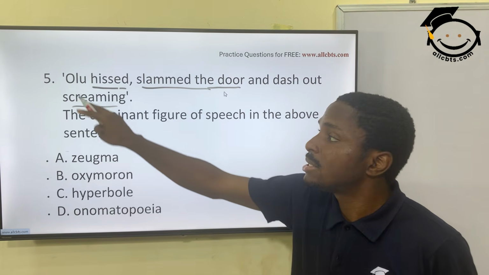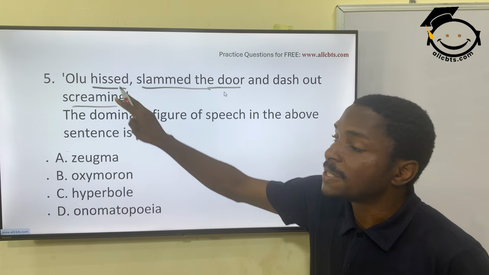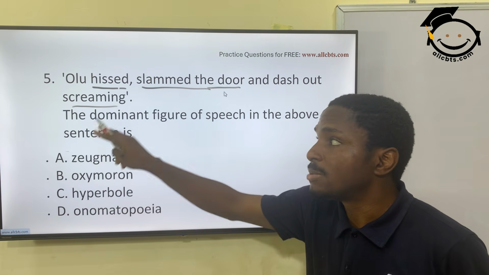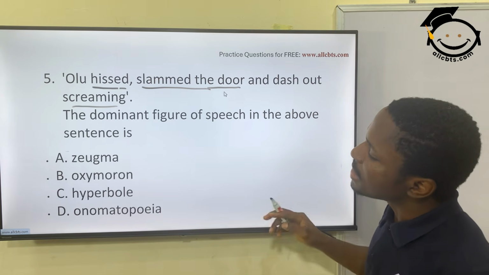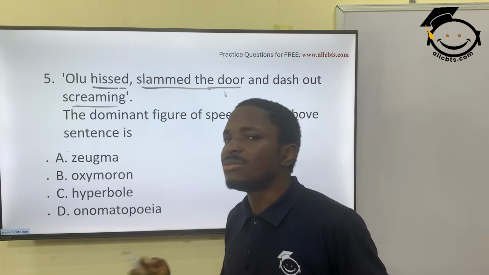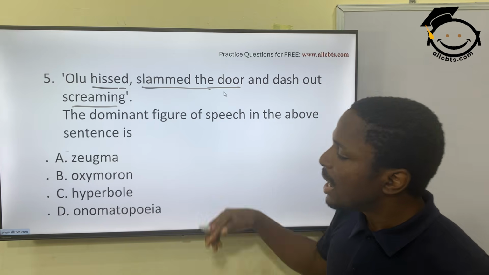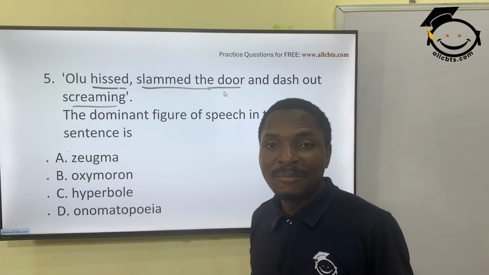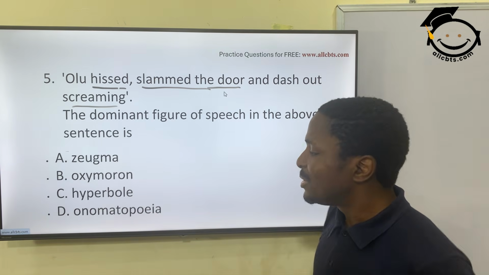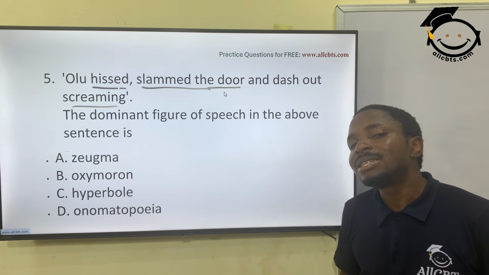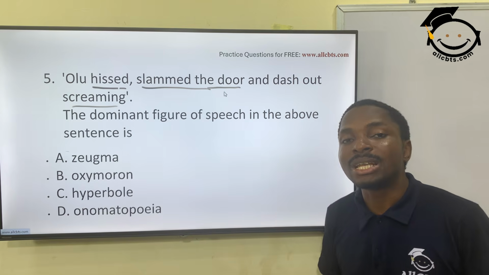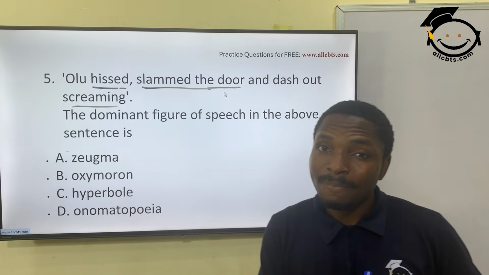This figure of speech here is dominant because we have 2 to 1. So the dominant figure of speech in the above sentence is what? You have sigma, no. Oxymoron, hyperbole. It's not hyperbolic. It's not oxymoron. So it's onomatopoeia. What's an onomatopoeia? Onomatopoeia is that figure of speech where we classify things based on sounds.